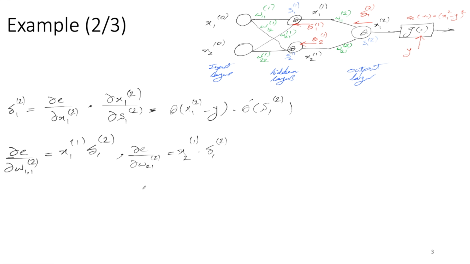And for the other one, W2 1, which is here, the other path, it is equal to x2 1 multiplied by delta 1 2. Okay. So at this point we have to compute these two deltas here. Now we arrive at the point where we need delta 1 1 and delta 2 1. Okay.